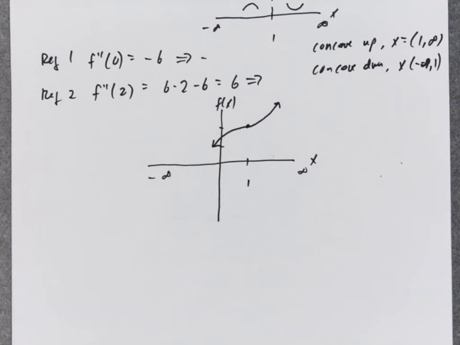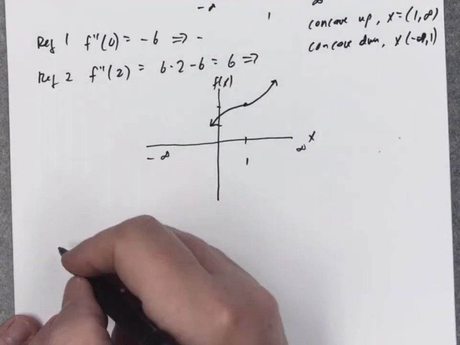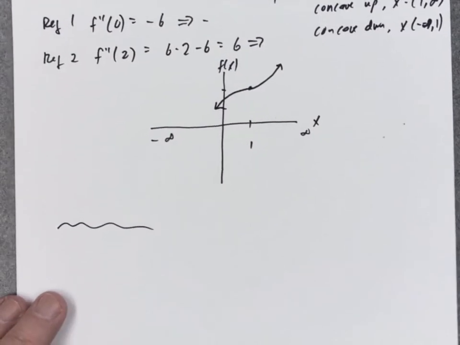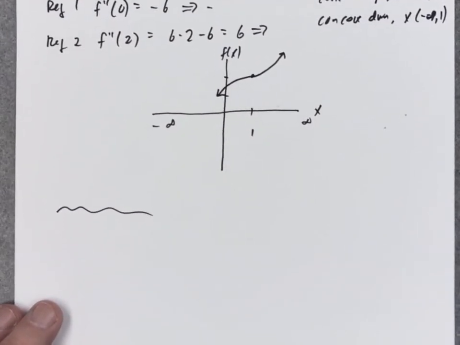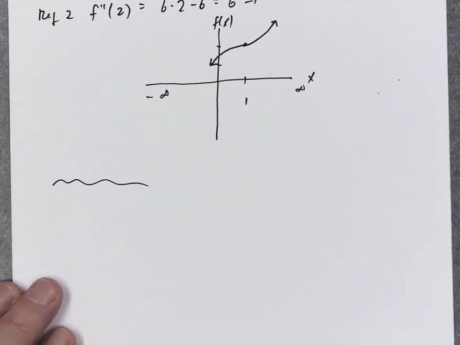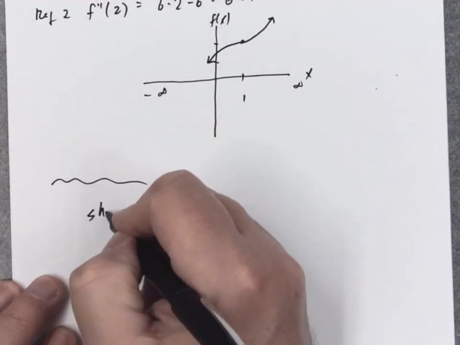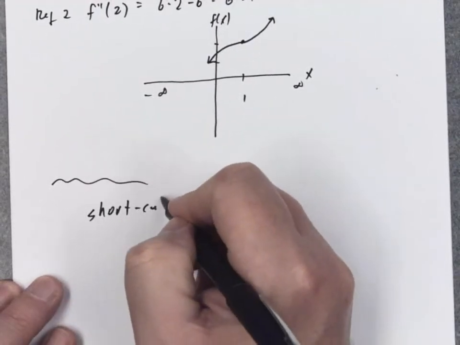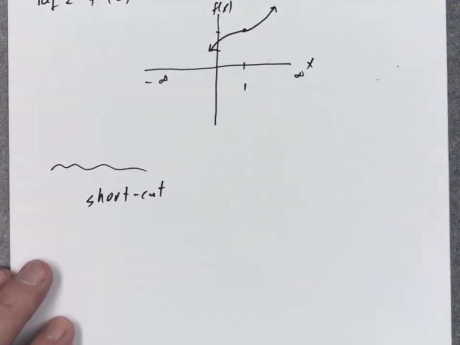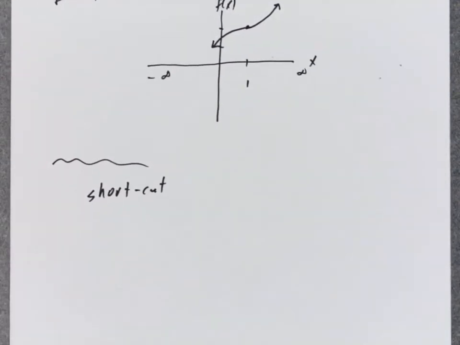Now, there's one last thing we can do that's very helpful with second derivatives. So we've covered second derivatives, the main stuff, but now I want to show you sometimes the second derivative allows us to take a shortcut for a certain kind of problem.